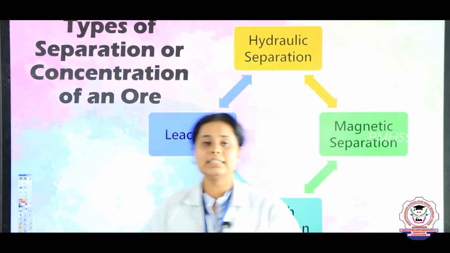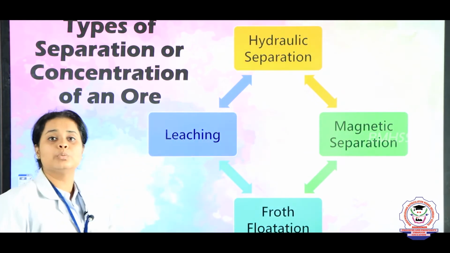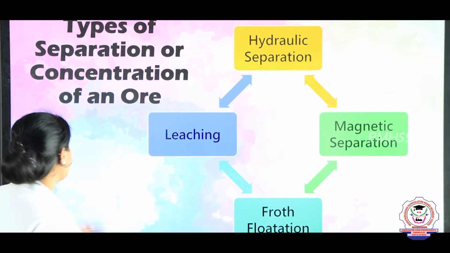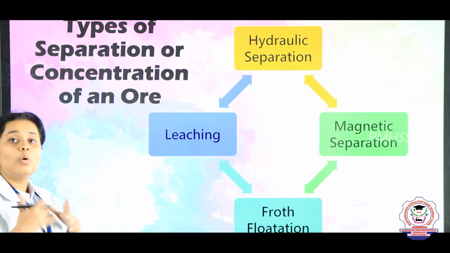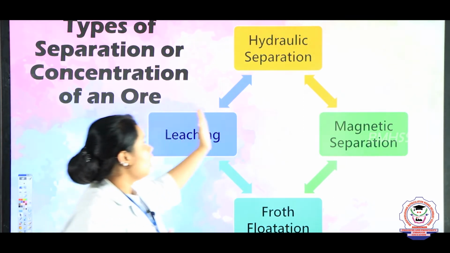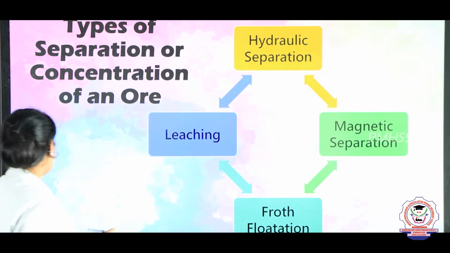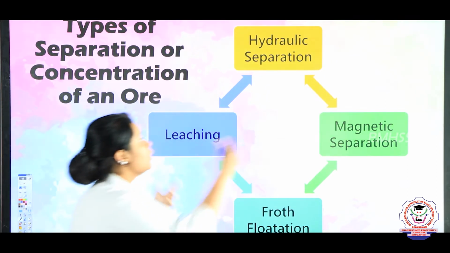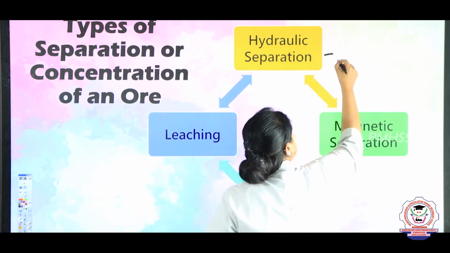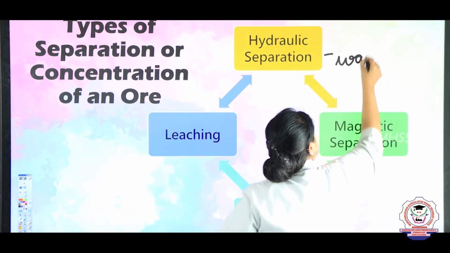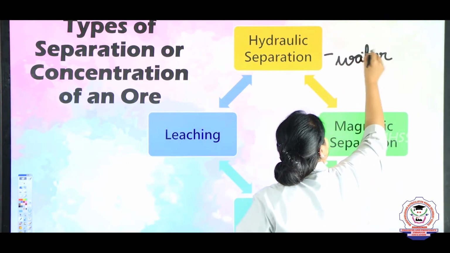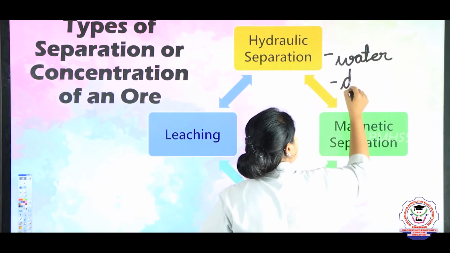There are various processes by which we can do the separation. The first separation of the ore from the mineral is hydraulic separation. Hydraulic separation means using water, and the separation is done depending upon the density.